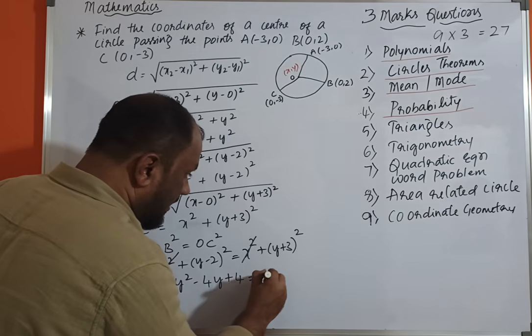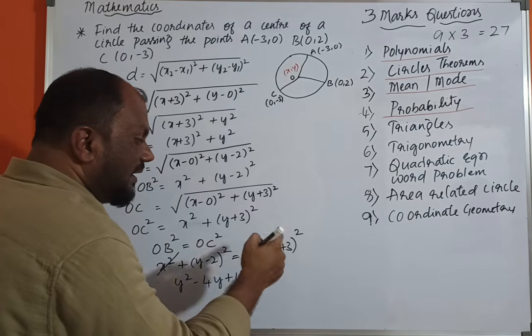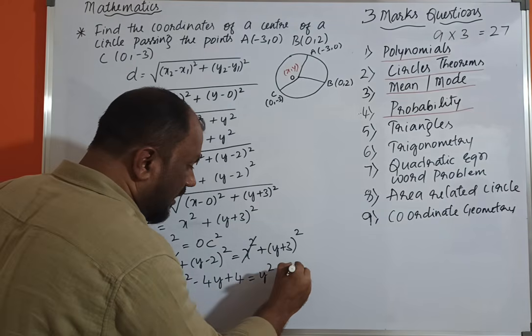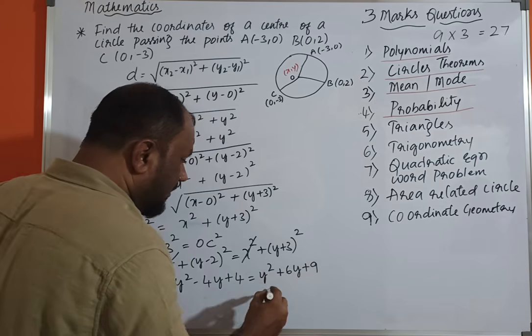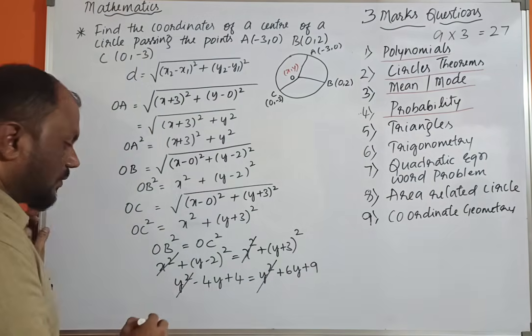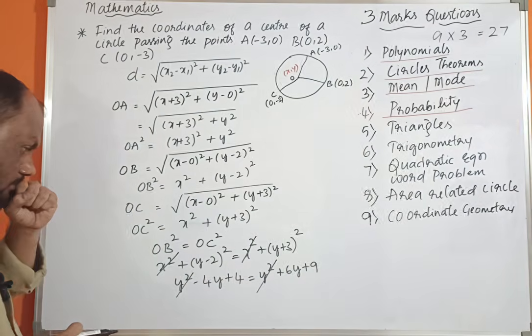So y square plus 2ab, 2 into y into 3 is 6y plus 9. Now you can cancel y square also.